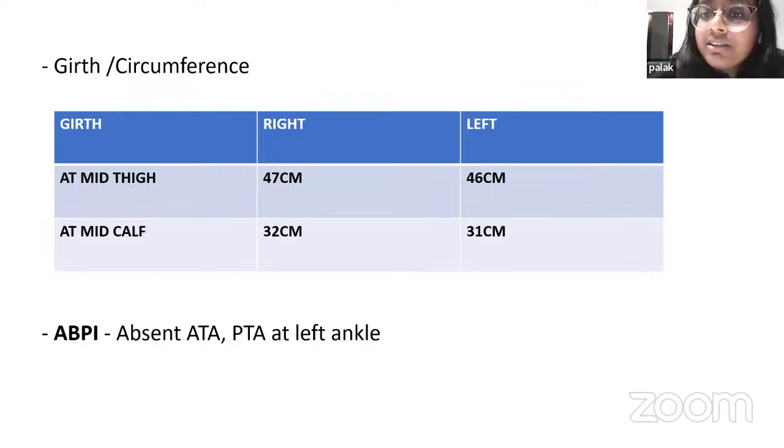Secondly, what is the character of that flow, whether it is monophasic, biphasic, or triphasic, what is the flow velocity, the flow direction, and the flow pattern, whether it's laminar or turbulent.